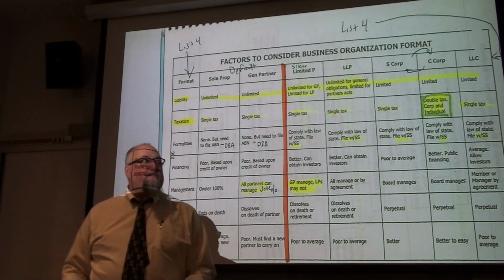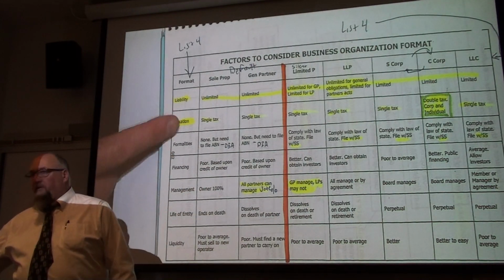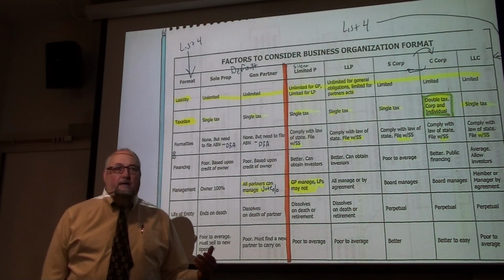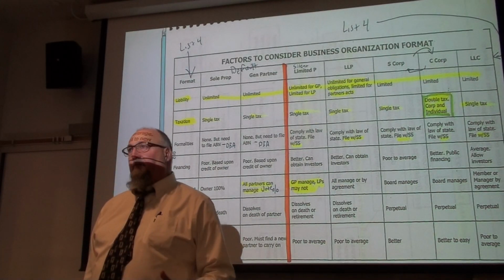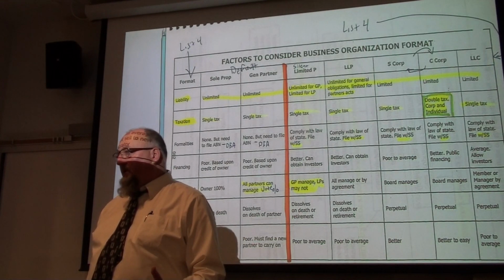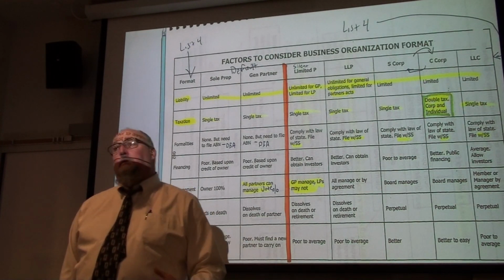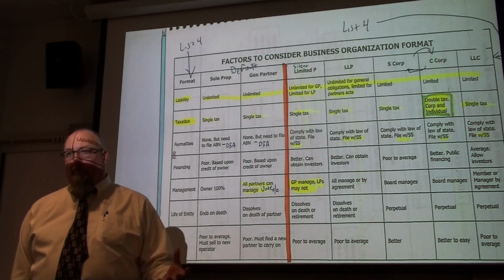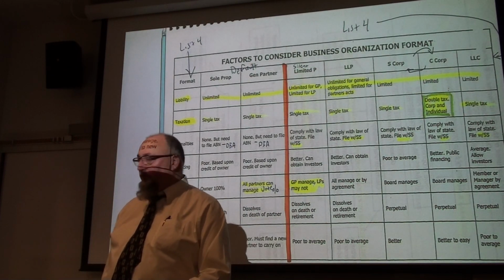So that's a different class. So we're really going to focus on these first 2 factors, just so you have a general idea of the differences between the type of entities when it comes to liability protection or none, and whether or not they're subject to a double level or corporate level tax, or if they're a pass-through.